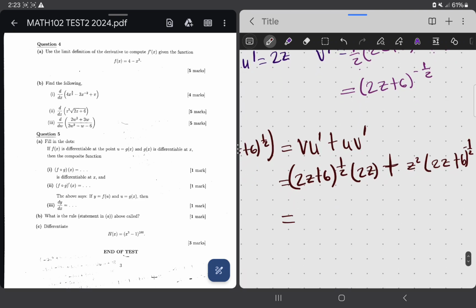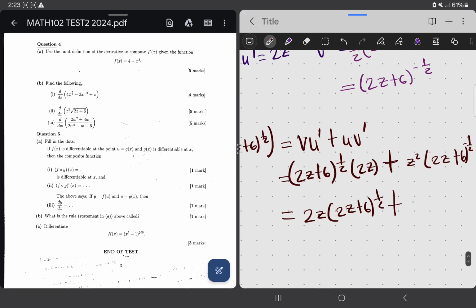So what are we going to end up having? We're going to end up having 2z multiplying 2z plus 6 to the power of half. Then we say plus z squared multiplying 2z plus 6 to the power of negative half.